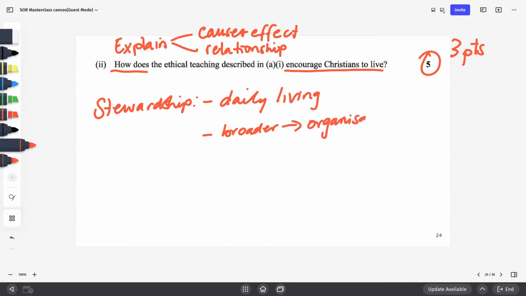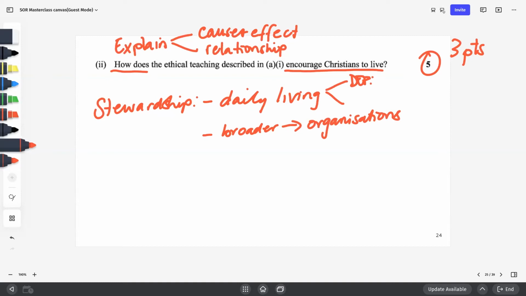So if you have done deforestation, you might look at things like, well, to reduce the use of paper, you might recycle. You might recycle your paper, buy paper products that are made from recycled paper, recycled toilet paper, anything around that.